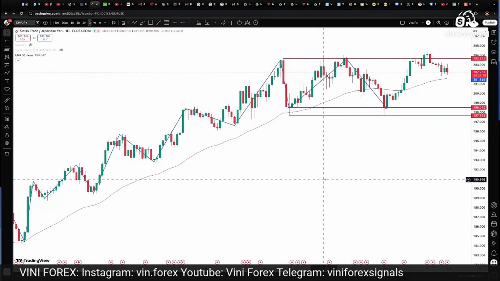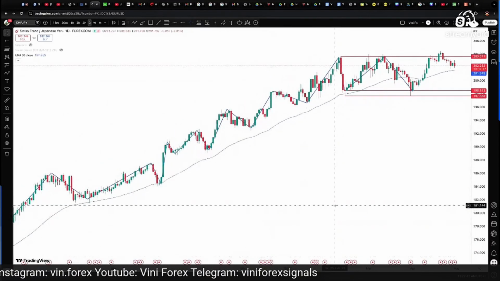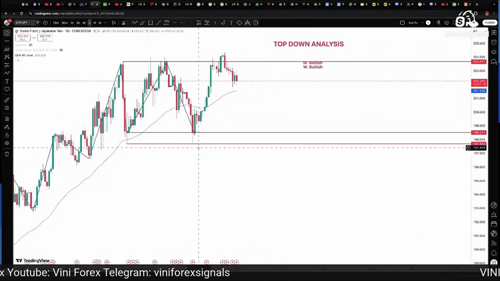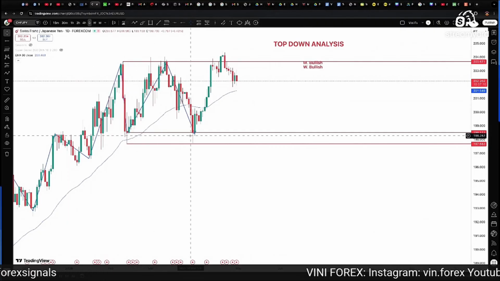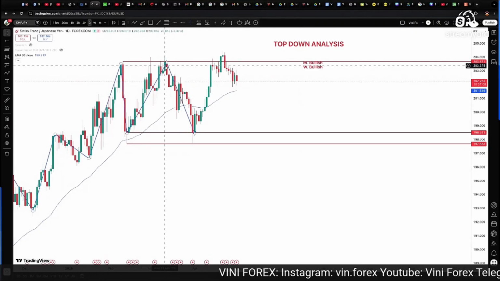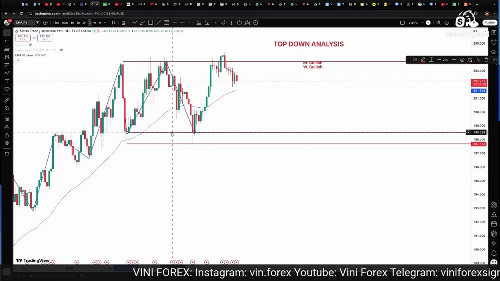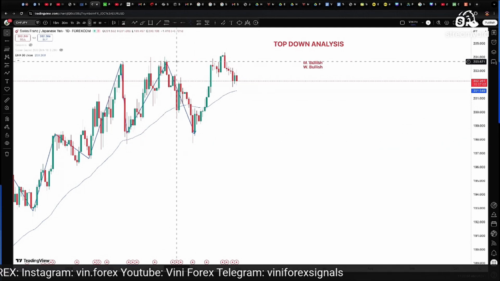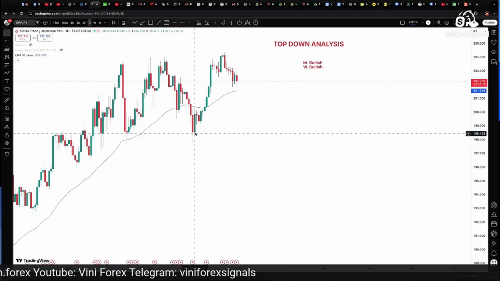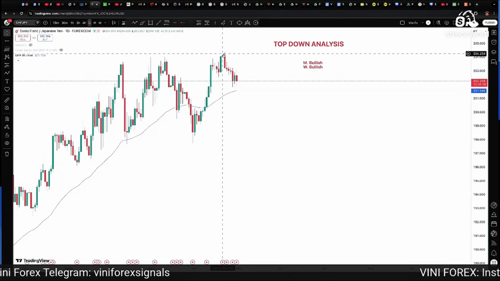Do you understand that? Are you seeing what I'm doing? So this can simply be called an equal high, and here I give you an equal low. So keep that in mind. And after this, the market came to give you a higher high.